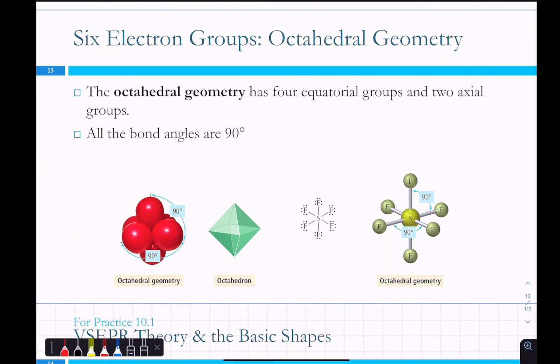So that's the octahedral. Now it's very much like the trigonal bipyramidal, except that we have 4 things that are all separated, each by 90 degrees. That makes all of our bonds, or all of our electron groups, 90 degrees apart. And these can only happen with expanded octets.